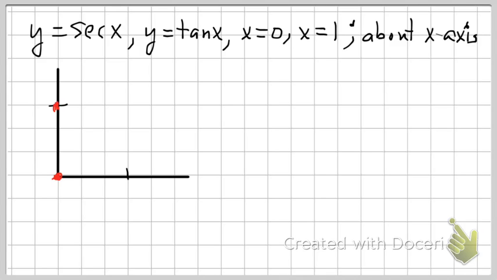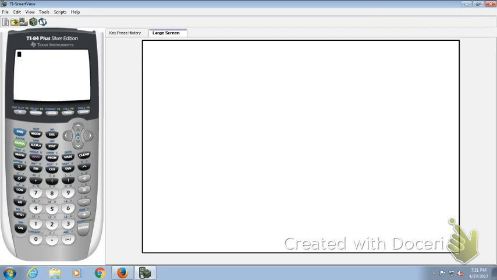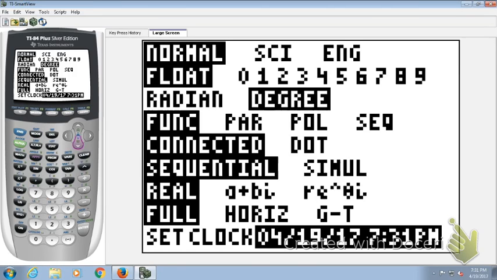Does that make sense? Now, if I plug in 1 into each of those, well, that's not pretty, is it? I get tangent of 1 or secant of 1. That's a real number, it's just not real pretty. If you want to get just an idea, make sure we're in radian mode.